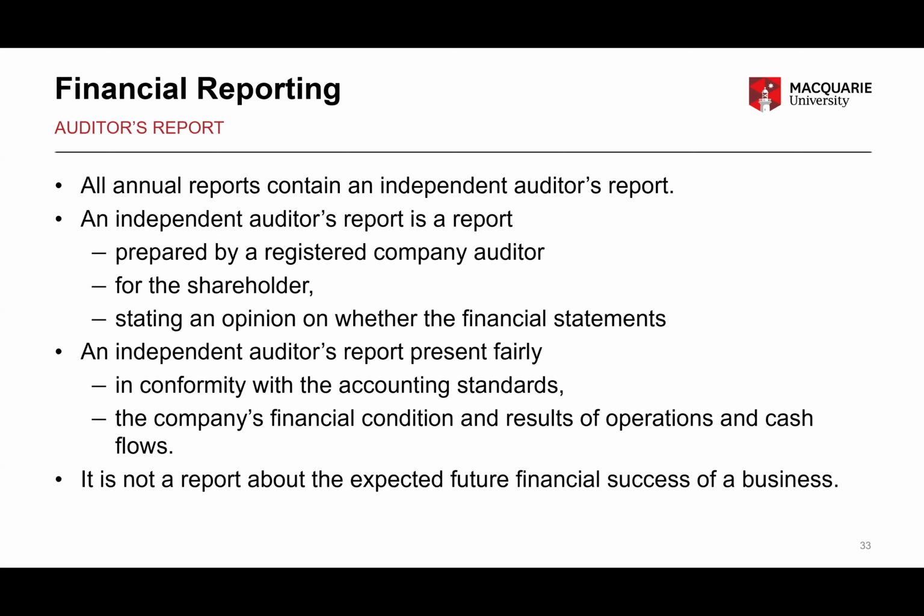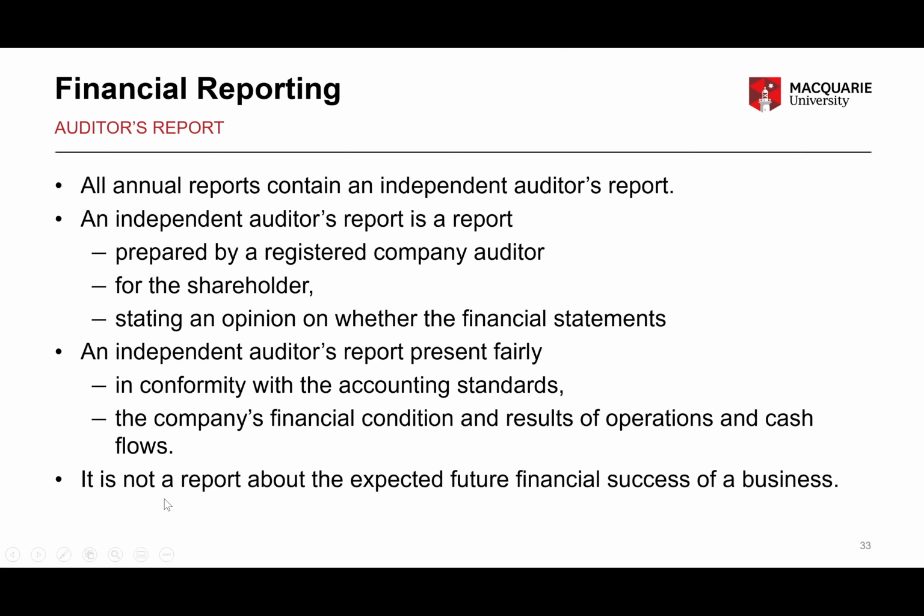We'll be discussing this more in week 12, a long way away, when we'll be thinking about fraud and how to verify the financial statements. We'll look at different types of auditors' reports and different types of opinion. At the moment, what you need to understand is the purpose of the auditor's report and how to read it.